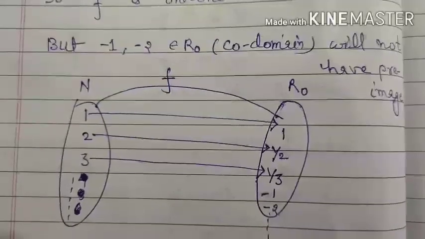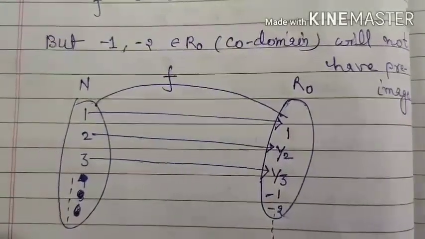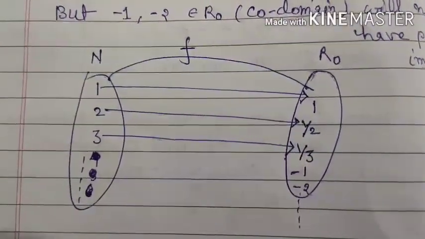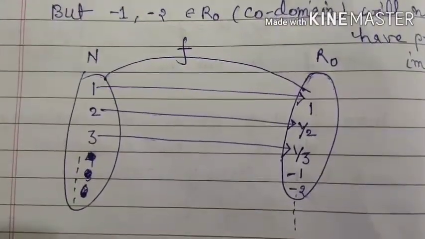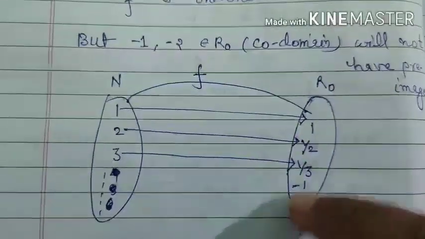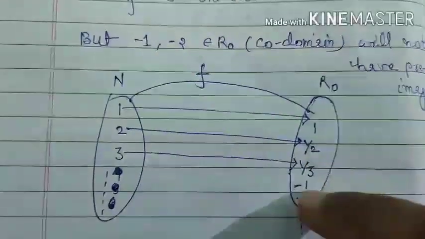-1 and -2 will not have their pre-images, as you can see in this picture. N will have 1, 2, 3, infinite numbers, and this R will have infinite numbers, but this can be any real number.